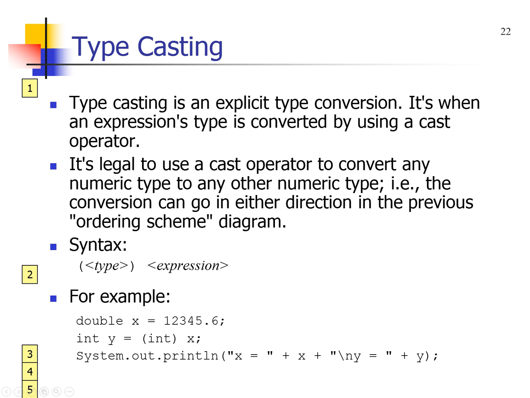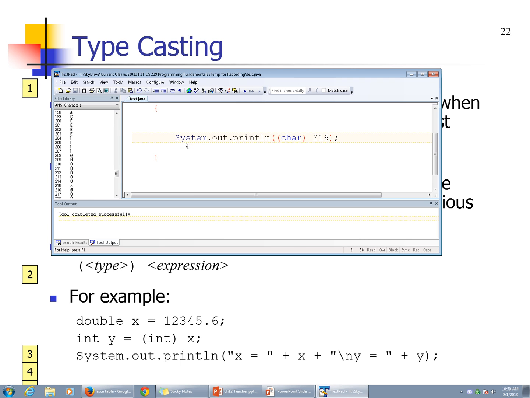Actually, let me type this one real quick so we can see exactly what happens. I'm going to say double x equals 12345.6. Int y equals int x. If I could spell this correctly. First of all, will that compile? Well, let's see what we get. It does, because this double is being stored in x, which is fine. Then we're telling it to take that double from above and convert it to an integer.